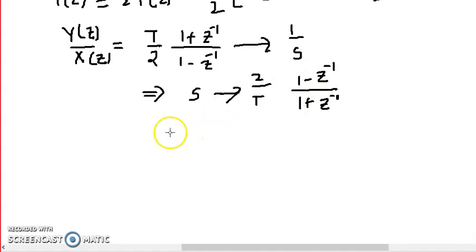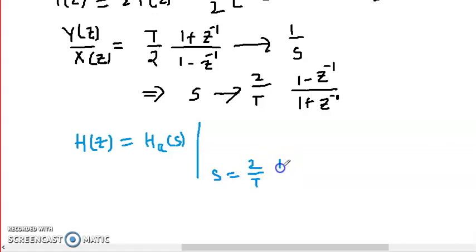So any given analog filter can be converted to a digital filter under the transformation s equal to 2 by T (1 minus z raised to power minus 1) upon (1 plus z raised to power minus 1), and this transformation is performed with a good approximation to the digital filter.